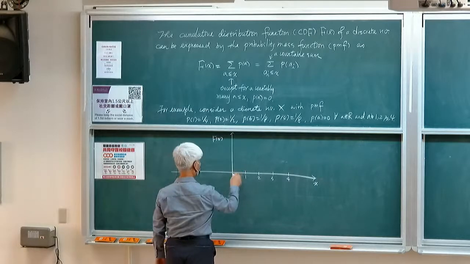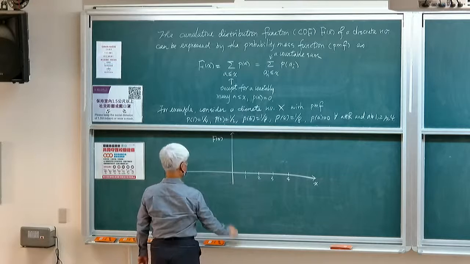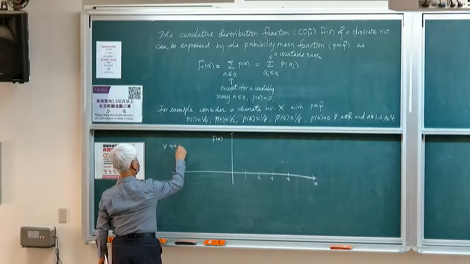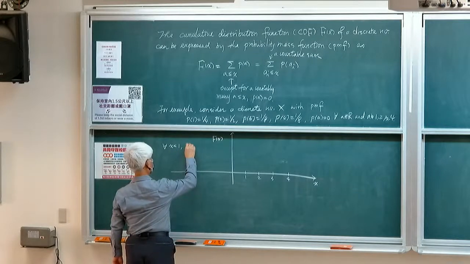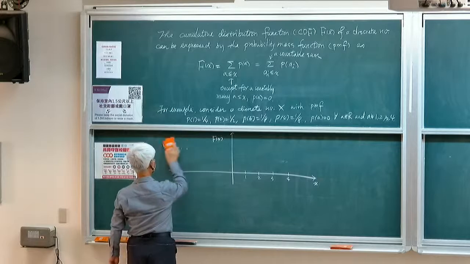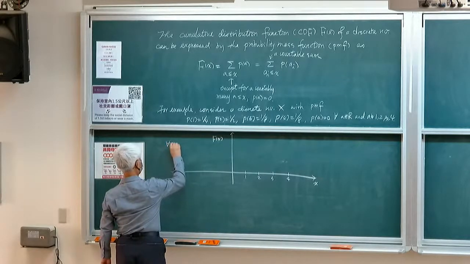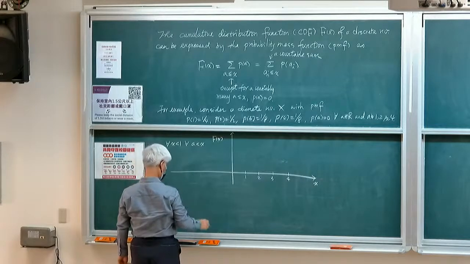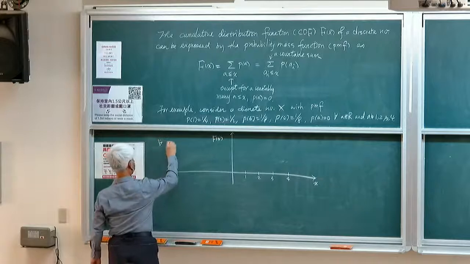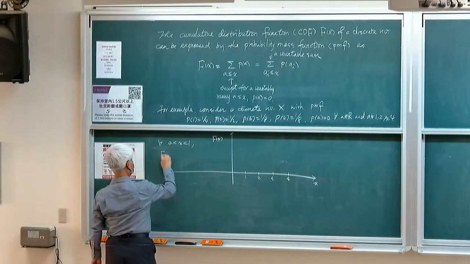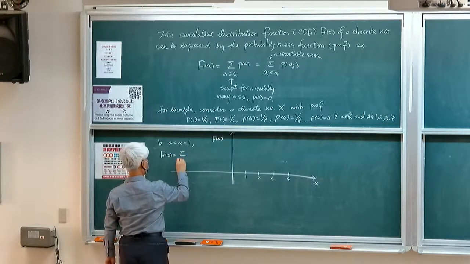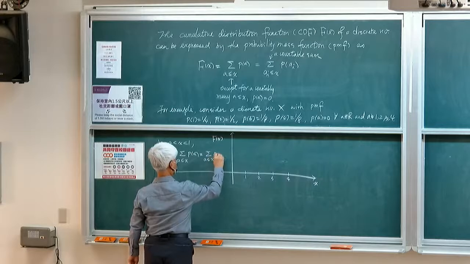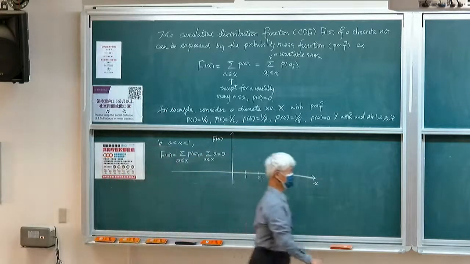Now, if x is less than 1, then for all a less than or equal to x, P(a) is 0, so F(x) is 0.